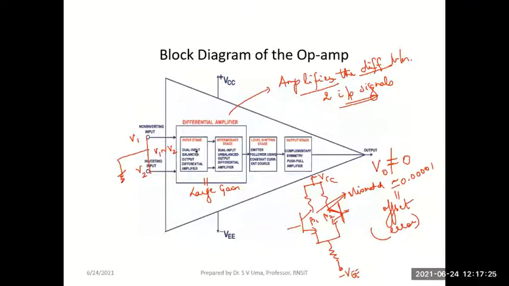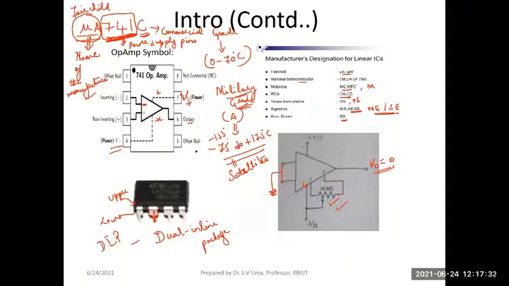If you want to see in detail a complete op-amp inside, it will have lots of transistors. You can just Google it. It's also there in your textbook in a different chapter. If I remember, I think chapter 9 or something, you have the detailed diagram of an op-amp, the 741 op-amp.